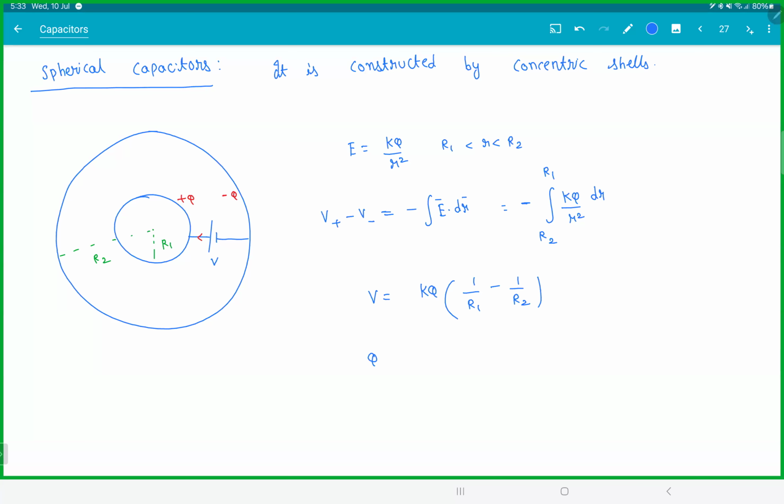You can rearrange this to Q by V. This turns out to be 4 pi epsilon over (1 by R1 minus 1 by R2). This is the capacitance. Again, derivation is really not that important, but look at the result. Let me put in the next page.